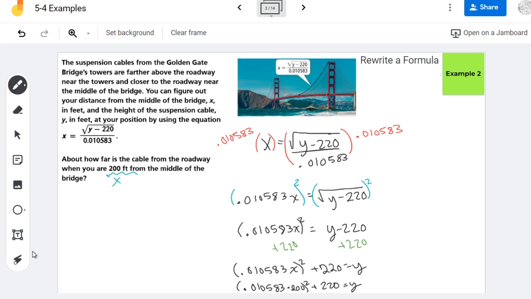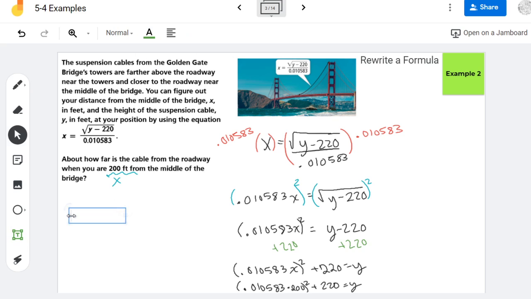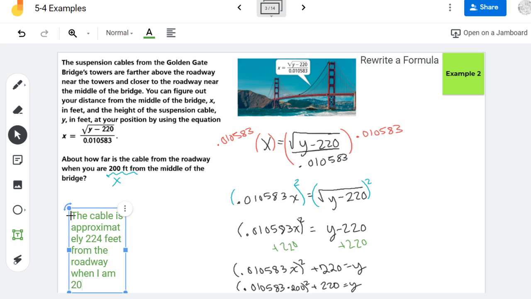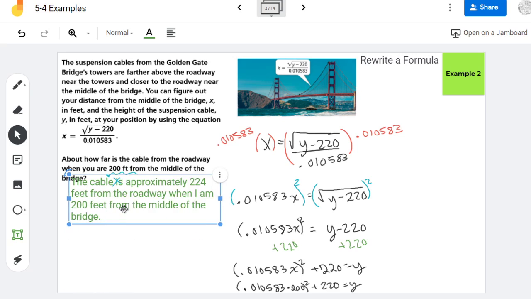And remember, with word questions, you generally want some kind of word solution. There we go. So there is my word answer.